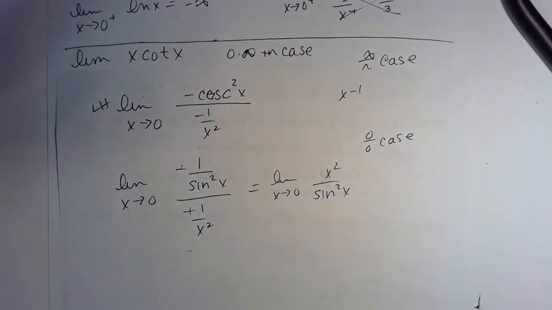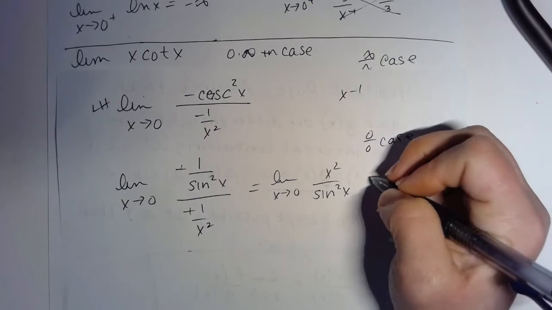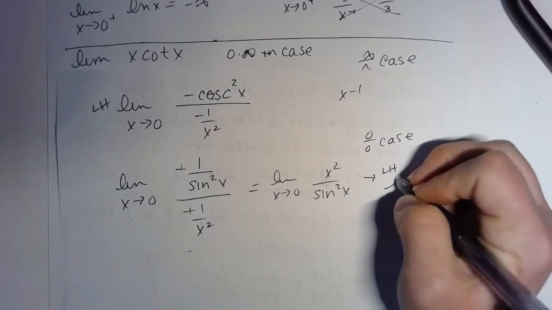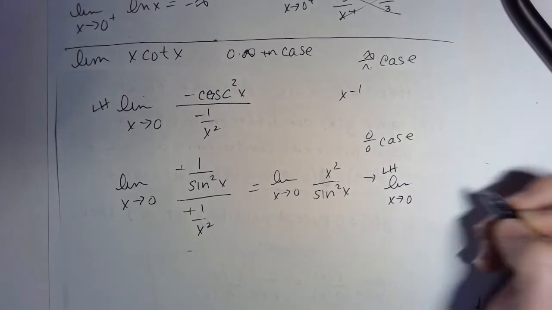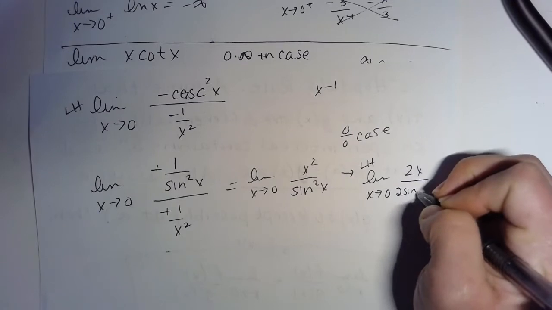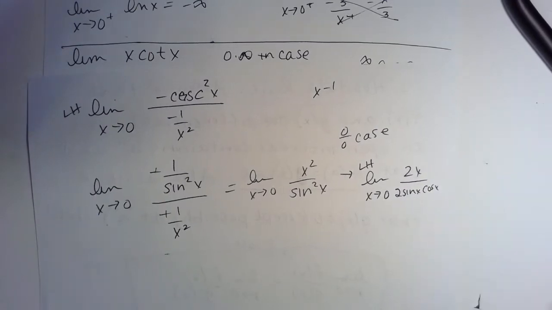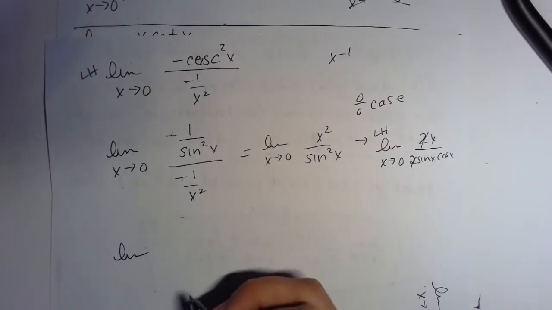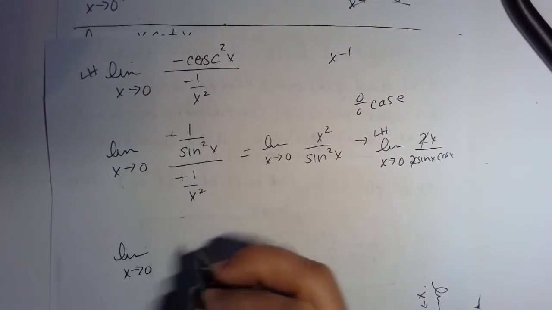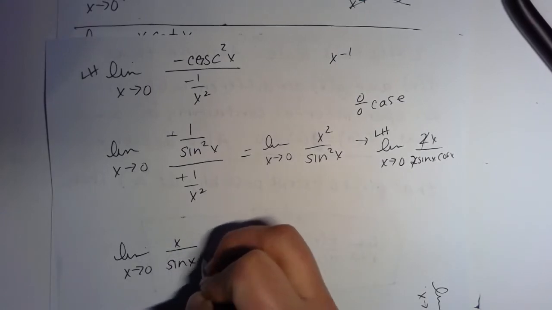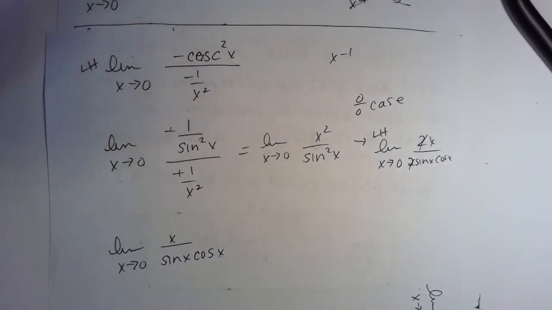Right? So I can use L'Hopital's rule again. So now I have the limit as x approaches 0 of 2x over 2 sine x cosine x. So now my 2's will cancel, and I really have the limit as x approaches 0 of x over sine x times cosine x.